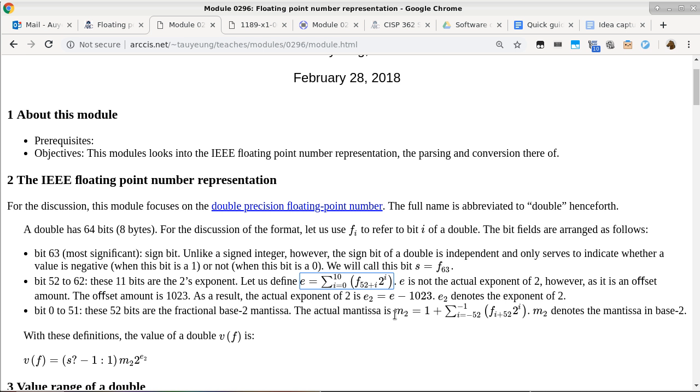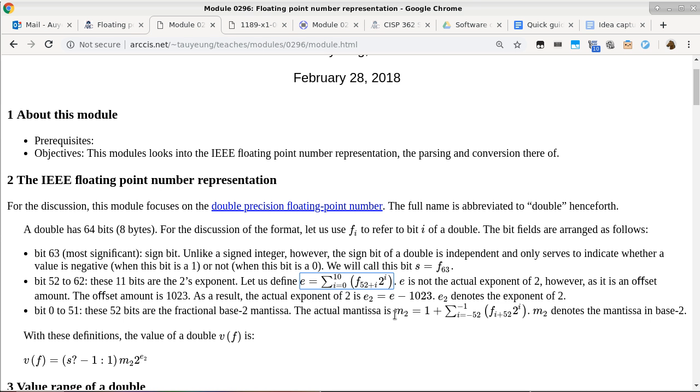When i is 0, we're referring to bit 52. When i is 1, we're referring to bit 53, and so on. What are we multiplying f of 52 plus i by? 2 to the power of i. So when i is 0, we are determining, do we have a 1?